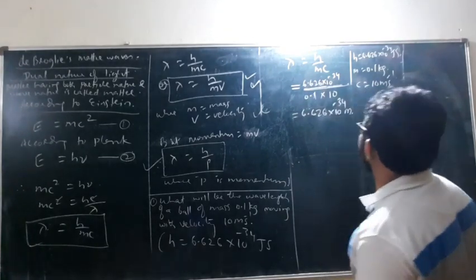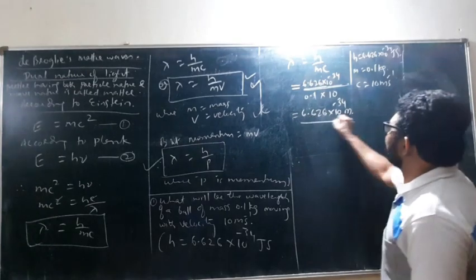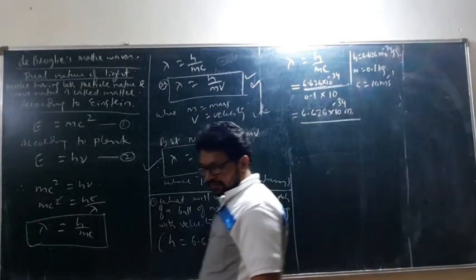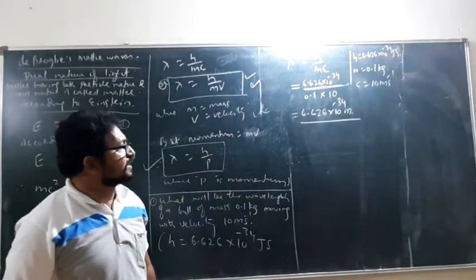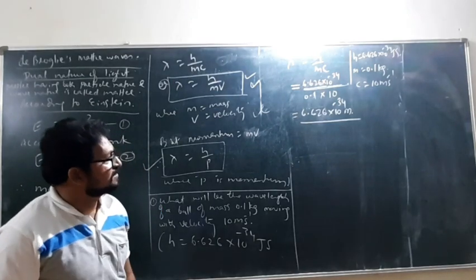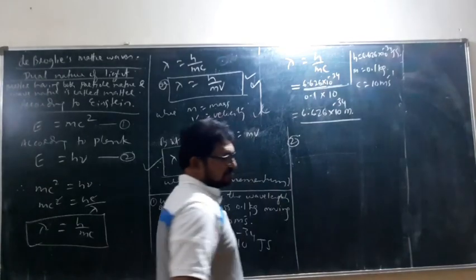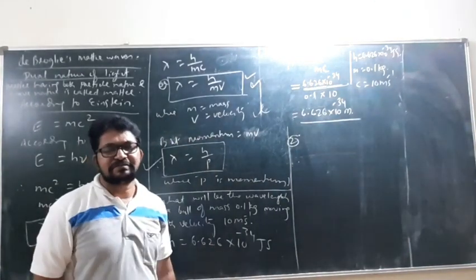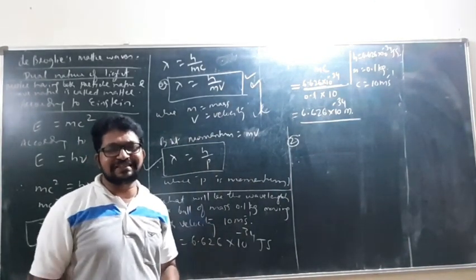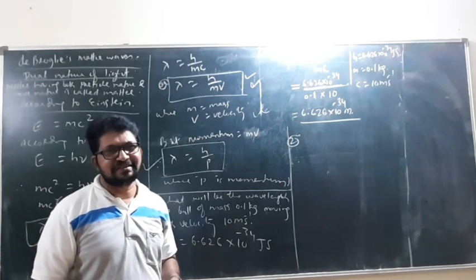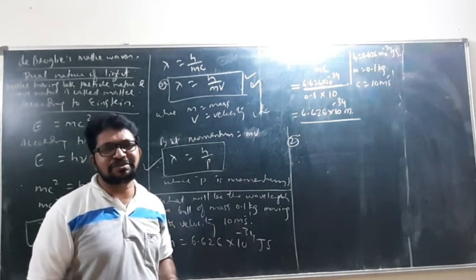Do you agree? Because the wavelength is in meter. So this is how you can find the wavelength. Okay. Can you find the wavelength of an electron? Because for a ball you are thinking that it is wave nature. Matter waves. Every matter exists as waves.